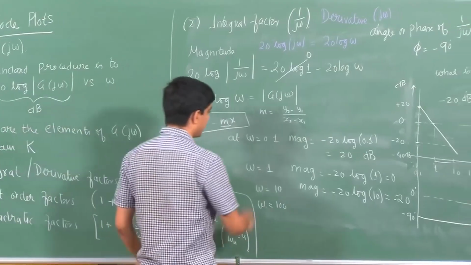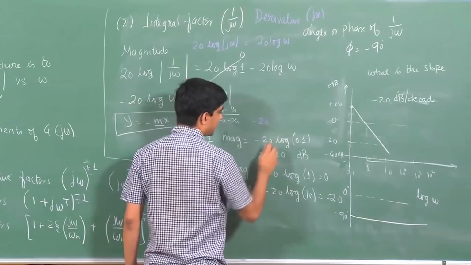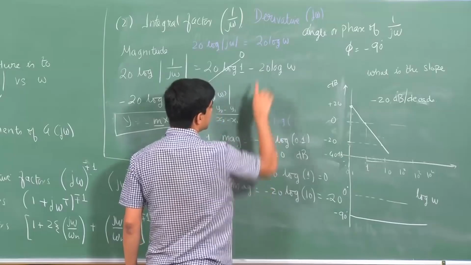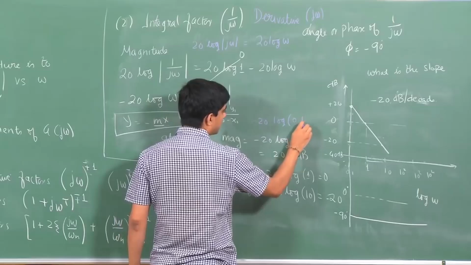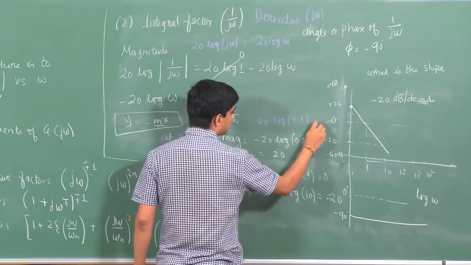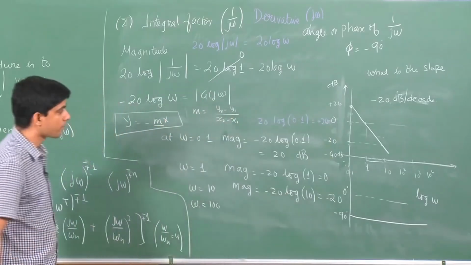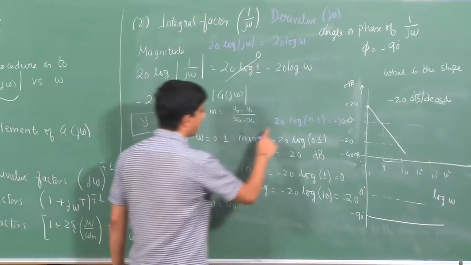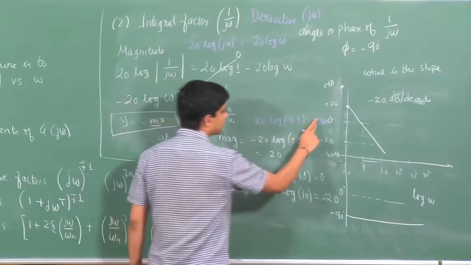At omega equal to 0.1, it will not be minus anymore, there is a plus here. Sorry, 20 log 0.1, 0.1 is 10 power minus 1, so this will be minus 20.